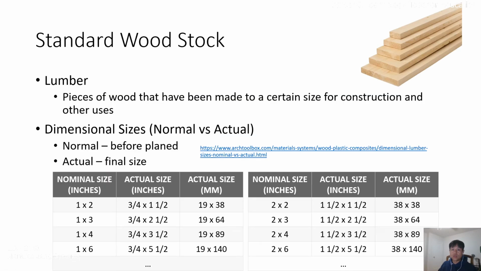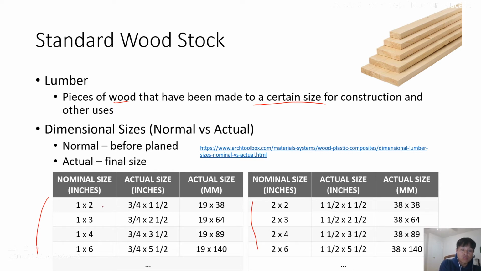Once we produce wood, we can get the standard wood stock, which is lumber or panel. First, the lumber. Lumber is pieces of wood that have been made to a certain size. These are examples of standard size.